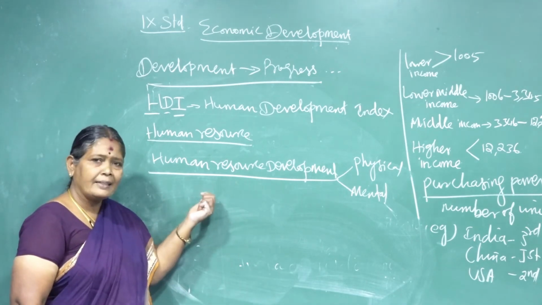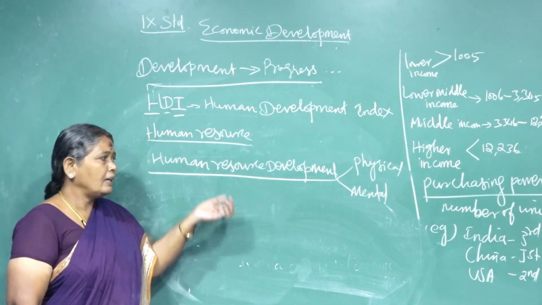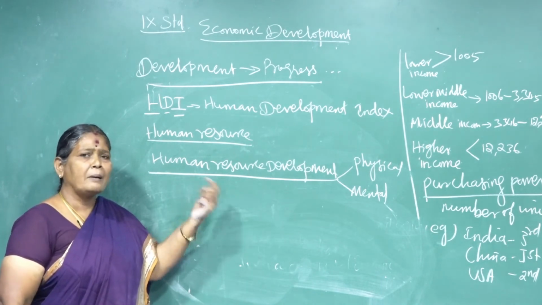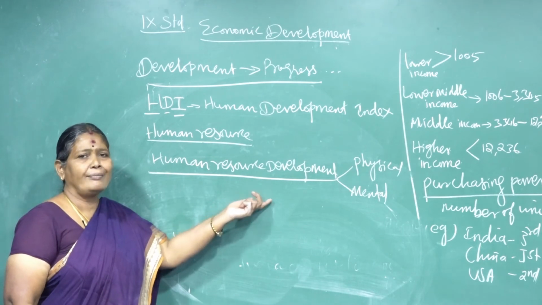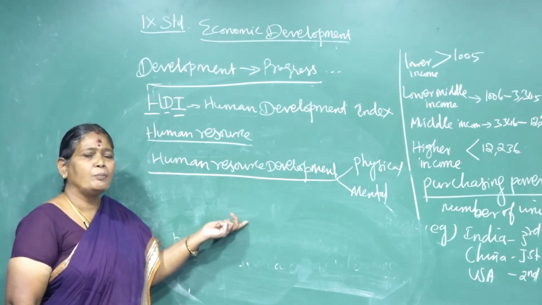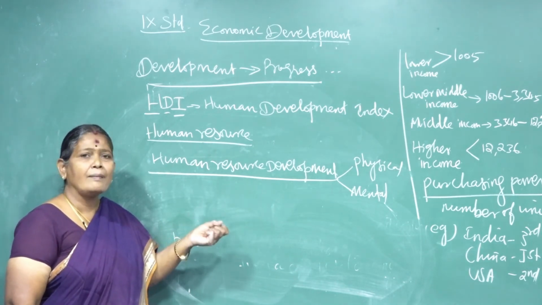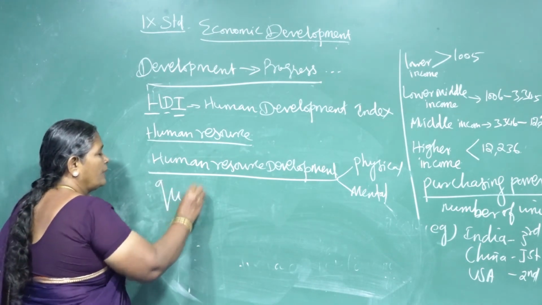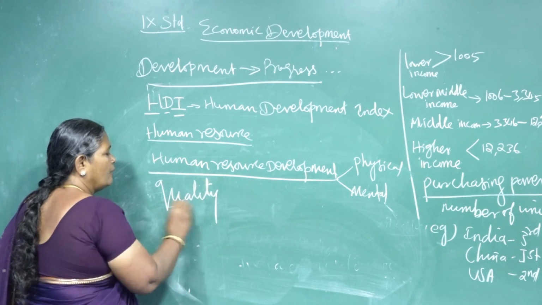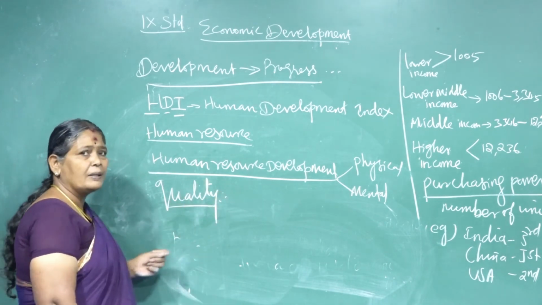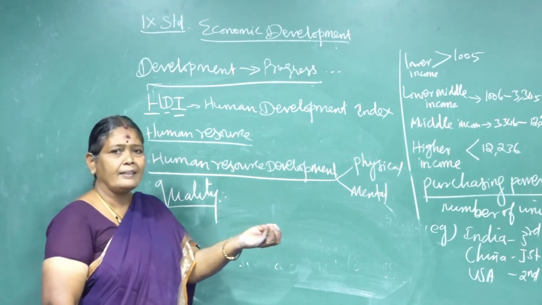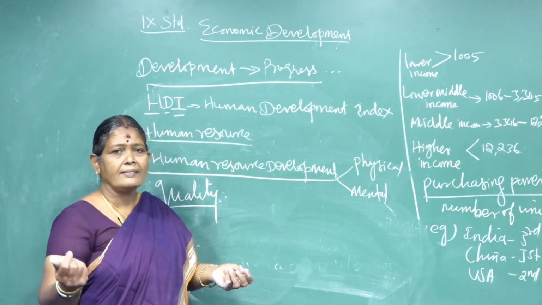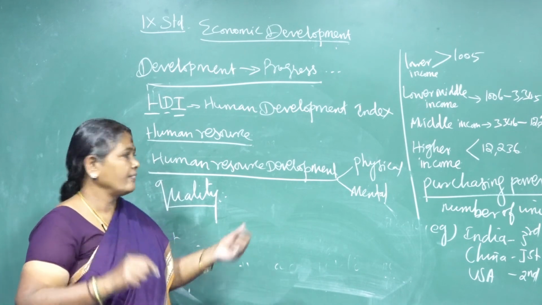I say it more clearly: investment in human beings to bring them a standard of life. How is it possible to provide quality life? When you purchase goods, you can see the quality of your product, the brand. But how do we assess the quality of a human being?